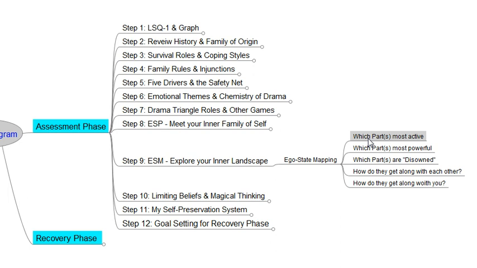Is it a critical part, an angry part, a vulnerable, scared, or needy part? Which part is most powerful? Do we disown or reject certain parts of ourselves? How do our parts get along with each other? How do we get along with our parts? Do I like certain parts and hate other parts? Do I have conflict between parts? Ego state mapping will help us get a lay of the land, or help us explore that inner landscape.